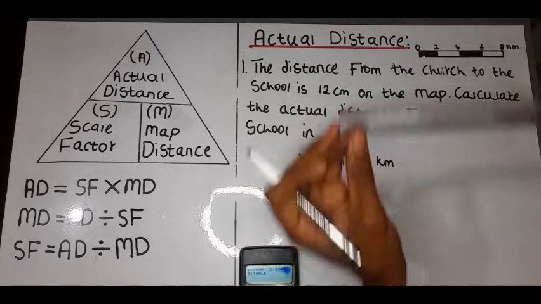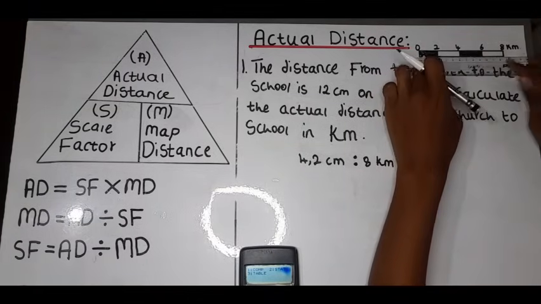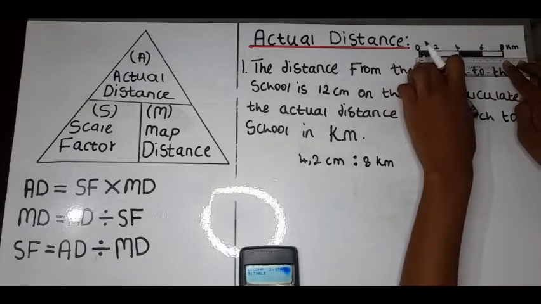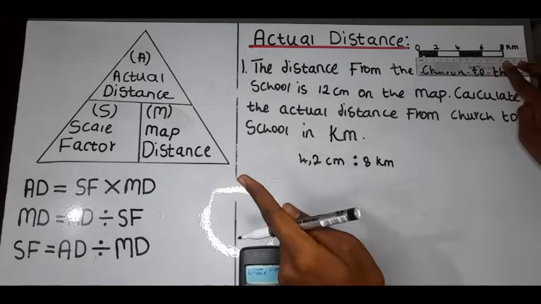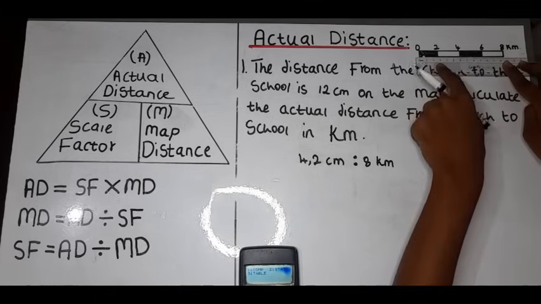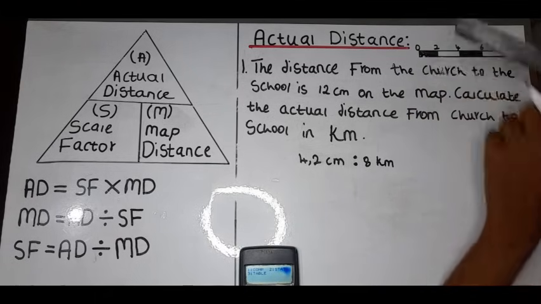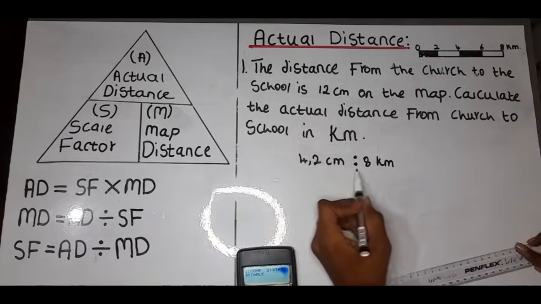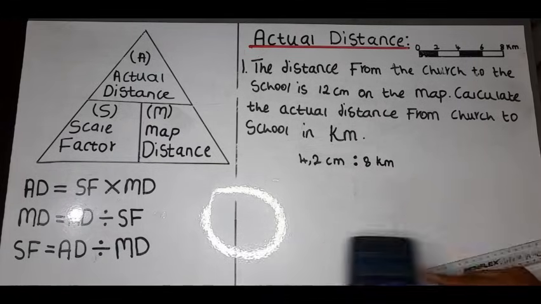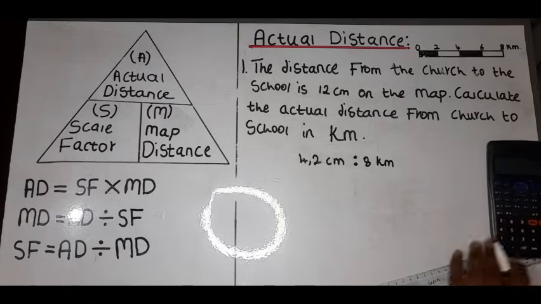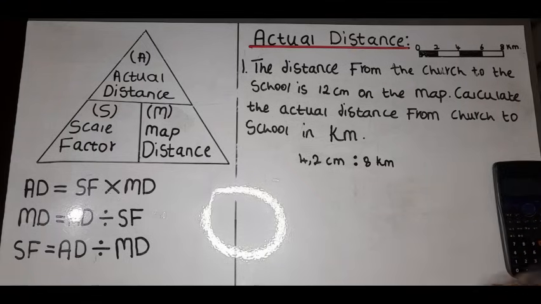We took a ruler and measured our segment. Our segment makes a total length of 4.2 centimeters. And from here to here is 8 kilometers, but on the ruler, it's 4.2 centimeters. So that means that 4.2 centimeters is to 8 kilometers. So now we are going to start with our cross multiplication method to calculate the actual distance.